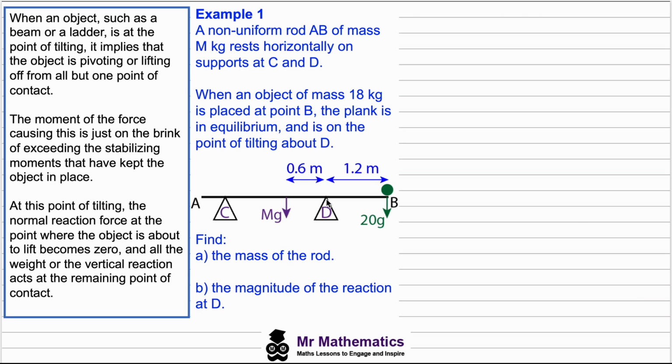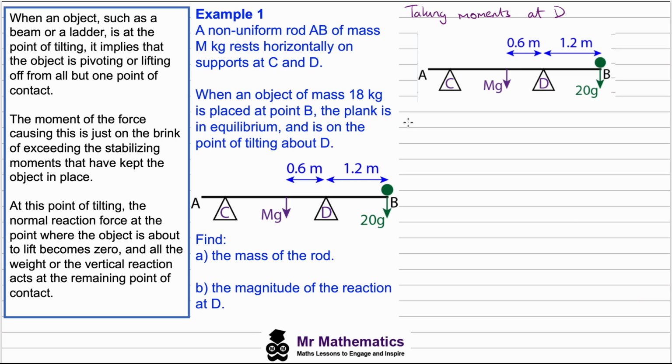Because it's going to be tilting at D, we're going to look at taking moments at this point. If we begin by looking at the clockwise moments from D, this will be the moments going in this direction. So we're looking at this force of 20g newtons multiplied by the distance of 1.2 meters. This will give us a moment of 24g Newton meters.